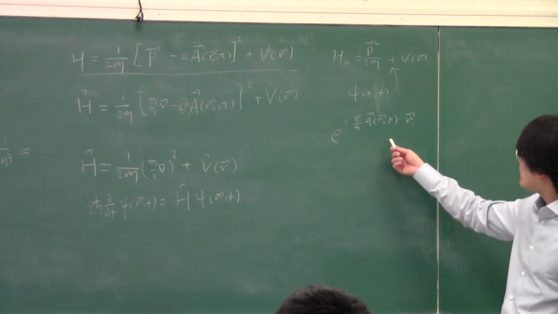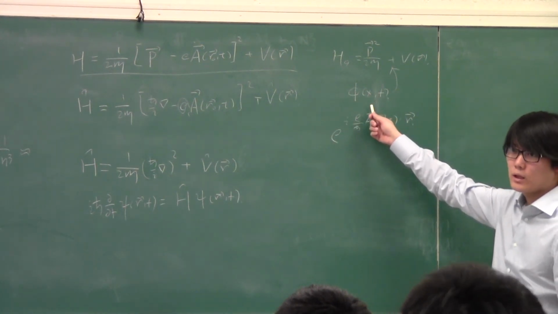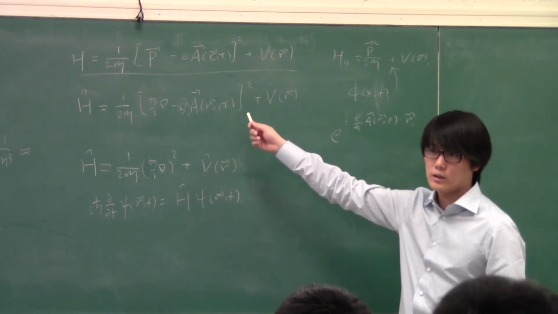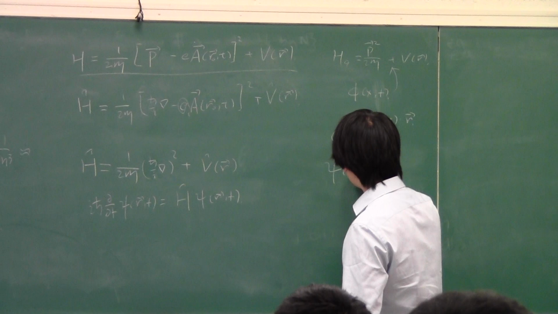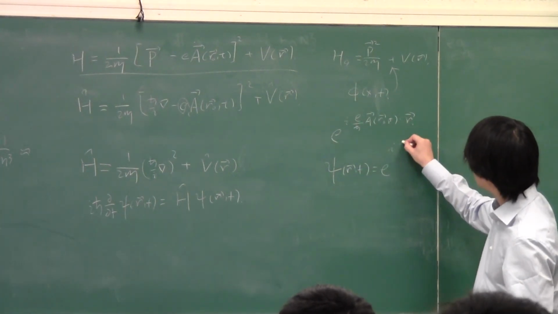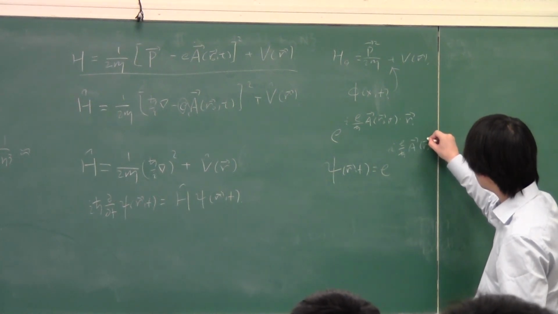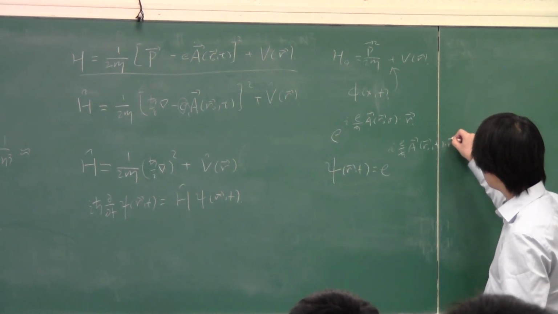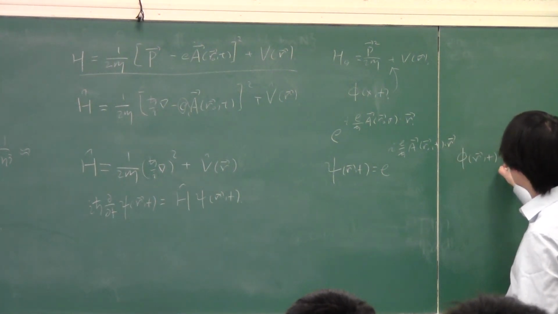I mean, by attaching this phase factor, we've taken this solution and put it into this Hamiltonian. So now, if I define psi of R, t equal to e to the times psi of R, t, right?